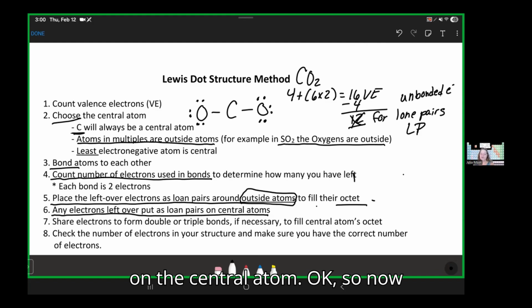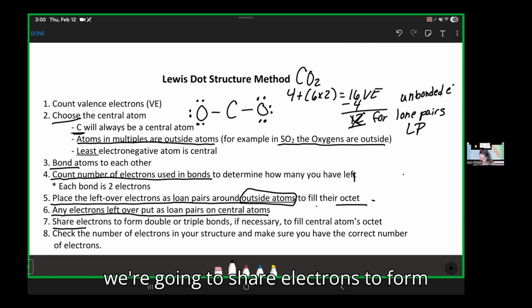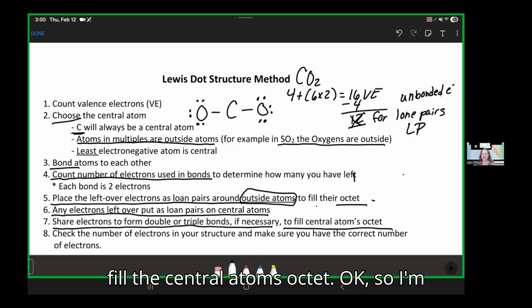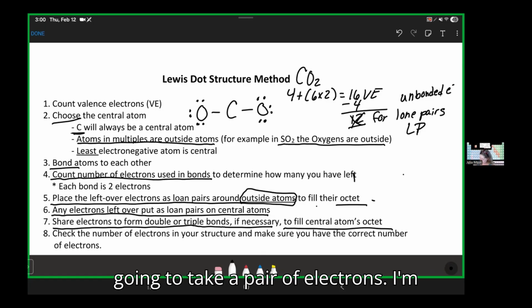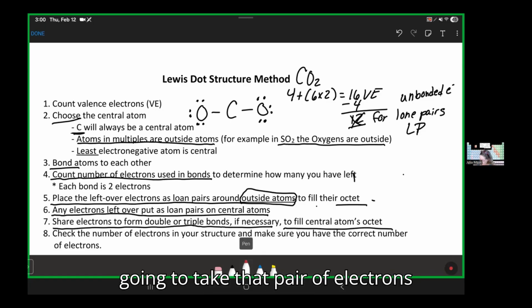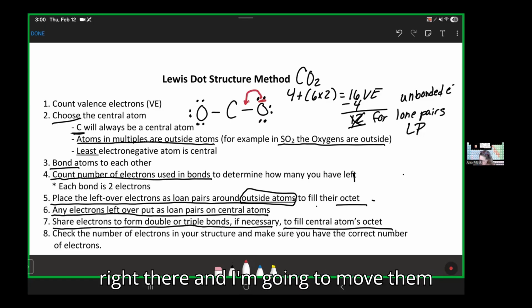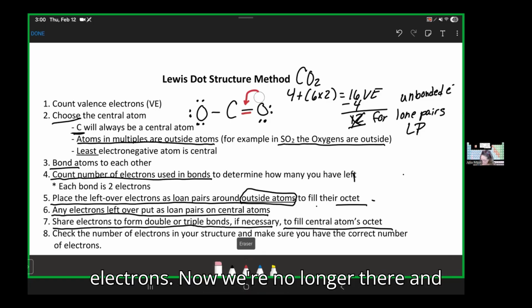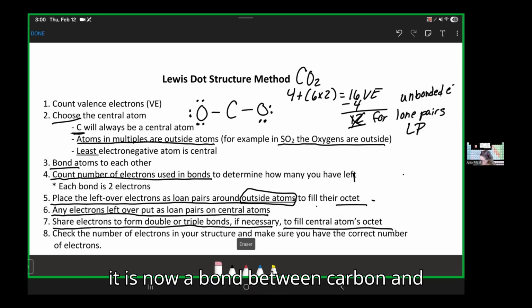So now we're going to share electrons to form double or triple bonds if necessary to fill the central atom's octet. I'm going to take that pair of electrons right there and move them down here into a bond. Those electrons are no longer there, and it is now a bond between carbon and that oxygen.